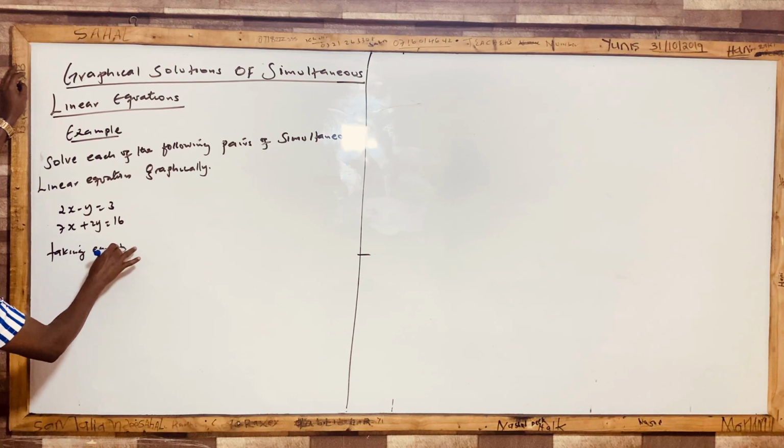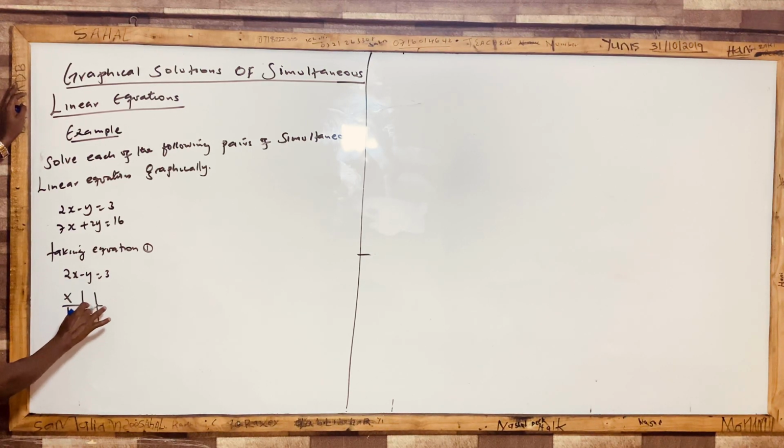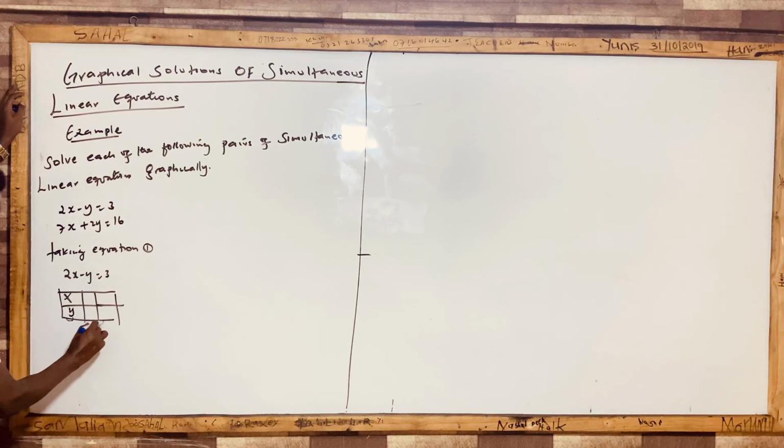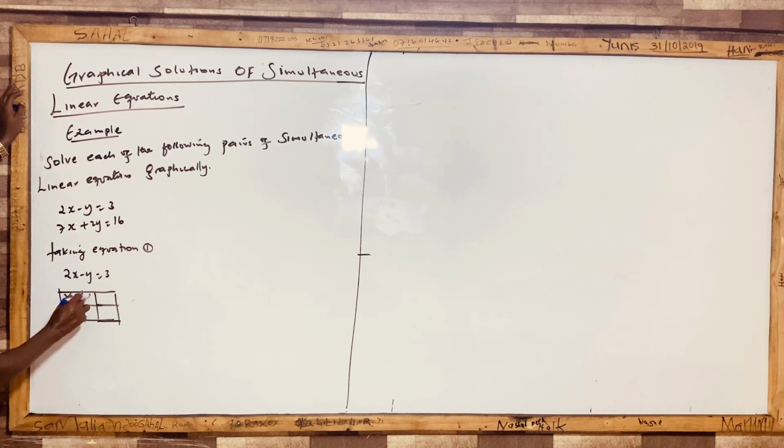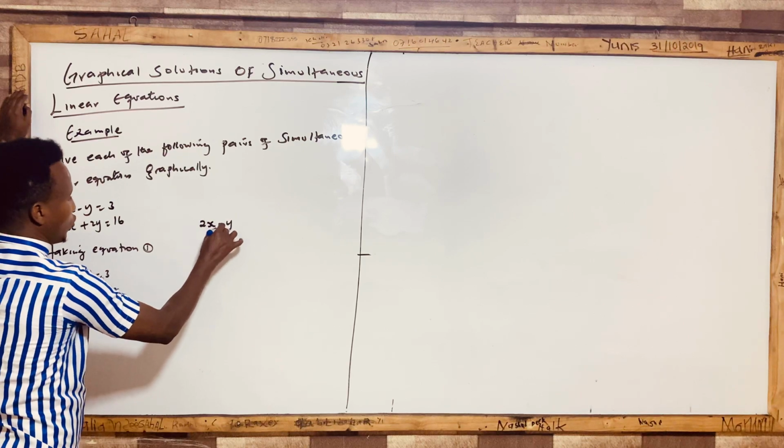Check equation 1, please. The equation is 2x minus y is equal to 3. So I'll come here: x, y, 1, then 2. This is enough. Remember this is y. Now, when x is 0, we have 2x minus y is equal to 3.